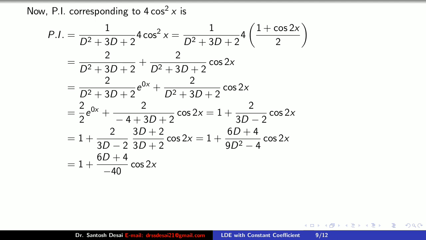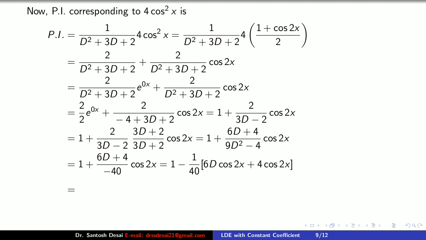Now simplify the numerator. So this is equal to 1 minus 1 upon 40 into bracket 6D cos 2x plus 4 cos 2x. Now again the first term, D into cos 2x, means the derivative of cos 2x, and we know the derivative of cos 2x is minus 2 sin 2x.